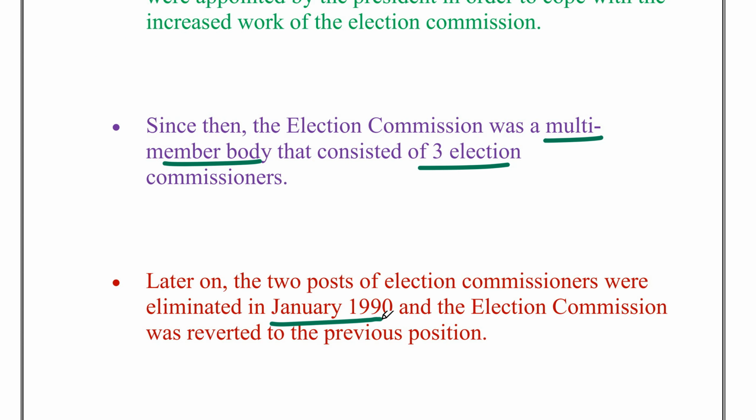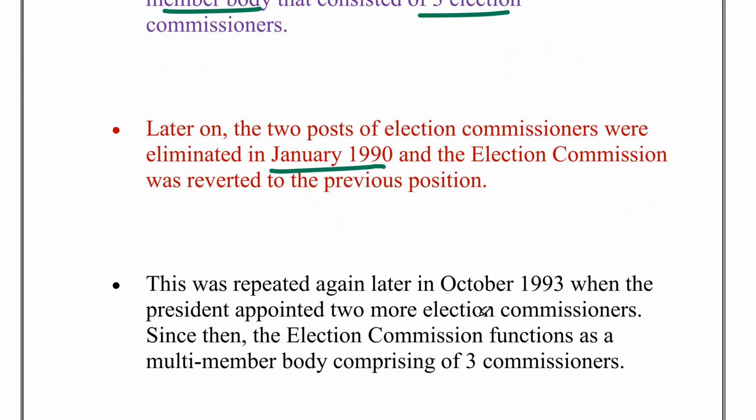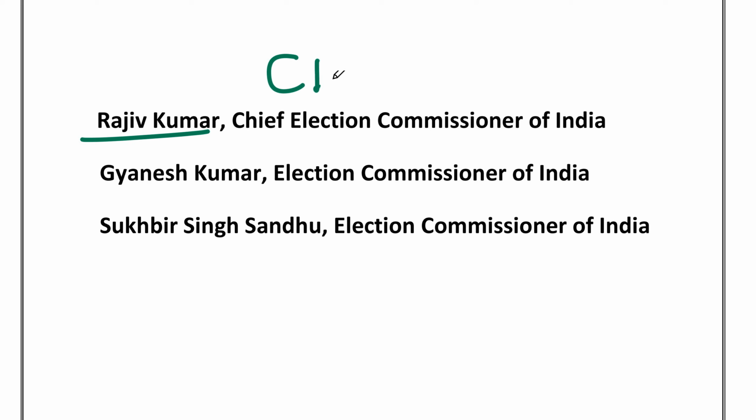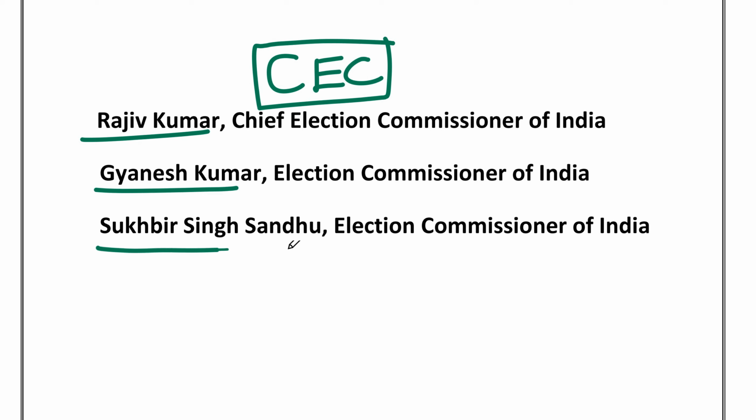In January 1990, it reverted to a single-member body for a few years. Then from October 1993 till date, it has been a multi-member body: the Chief Election Commissioner of India, assisted by 2 more Election Commissioners.